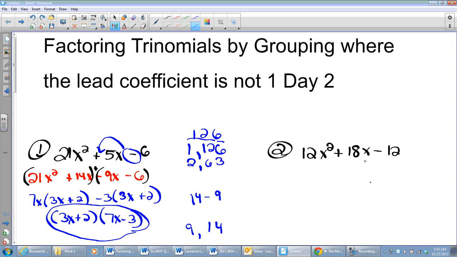Okay, now in this one, before I multiply 12 times 12, you know what? I just noticed something. I've got a 12x squared here, an 18x, and a 12. I see a GCF. You see it? I think it's going to be 6. I can factor out a GCF from the trinomial, get 2x squared plus 3x minus 2.